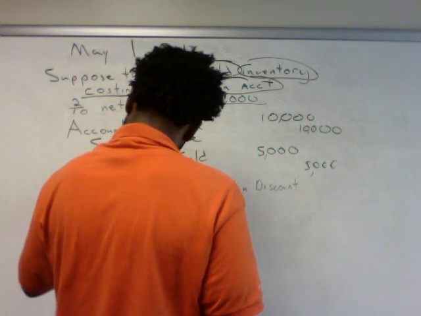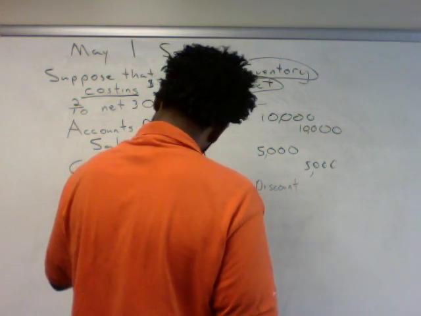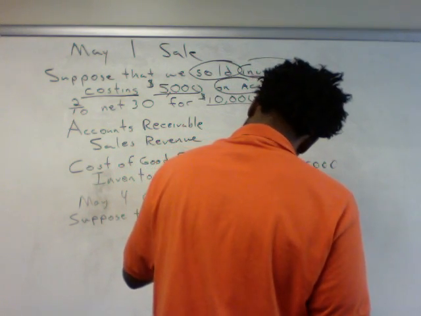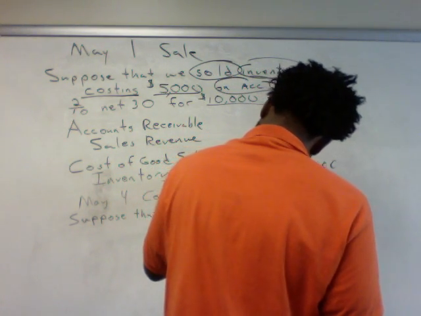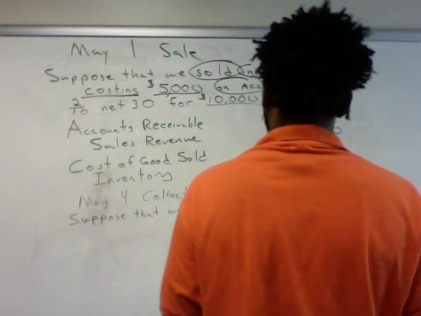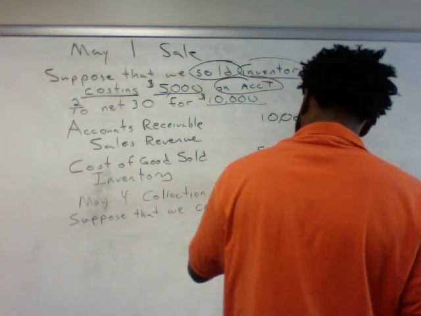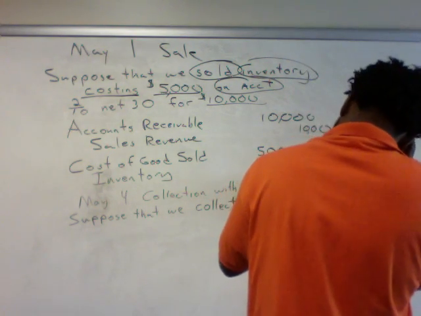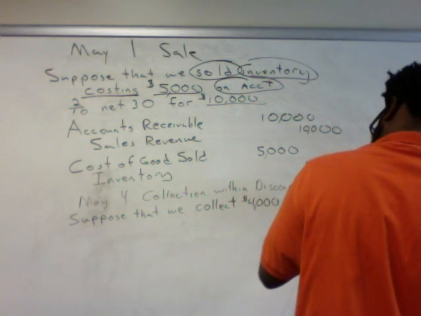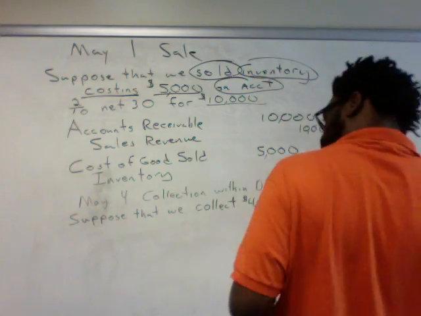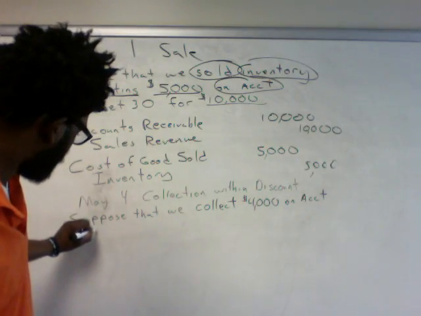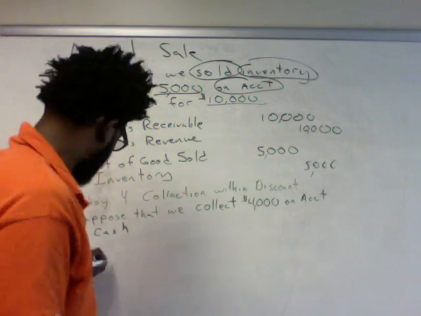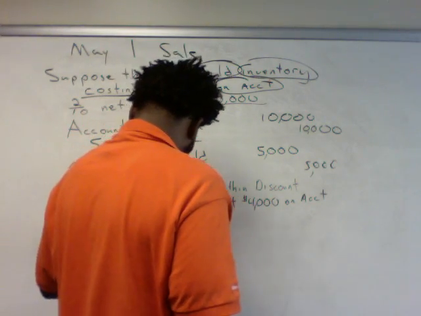Suppose that we collect $4,000. Let's suppose that we collect $4,000 on account. So again, collection on account, we're going to debit cash, and we're going to credit accounts receivable.